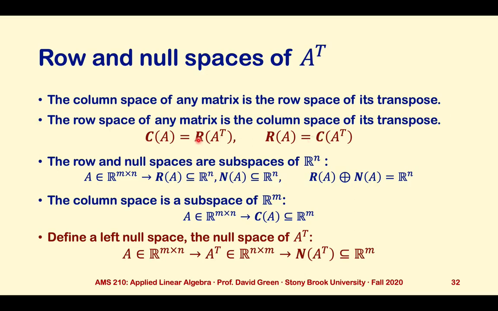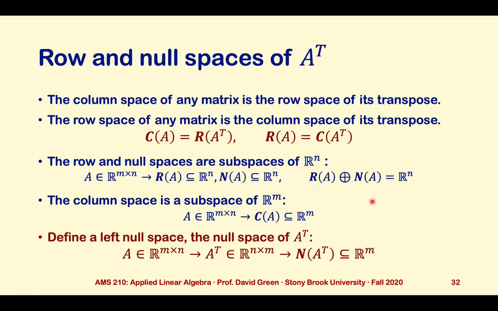So we have a relationship between the column space and the row space of A transpose, and the row space and the column space of A transpose.